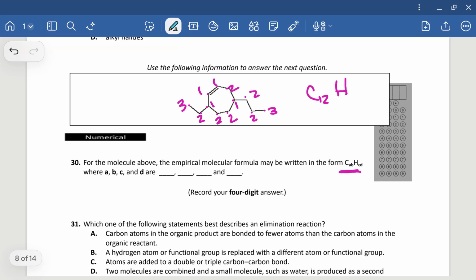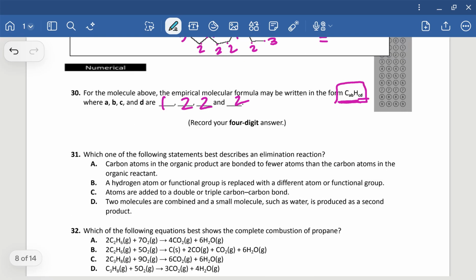So if we placed all of our hydrogens and then just counted those numbers, you'd have 22. So if we have it in this form of how many carbons you have, how many hydrogens, and you fill in those numbers, then A and B would be 1 and 2 for the 12. C and D would be 22 for the amount of hydrogens.